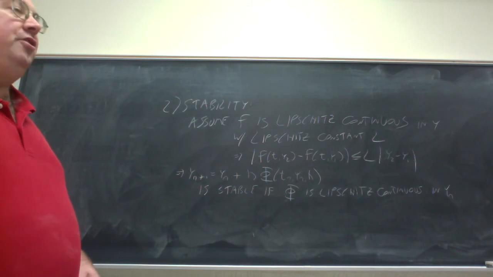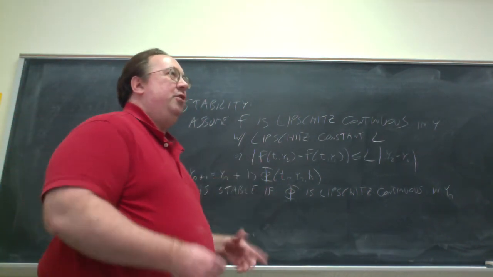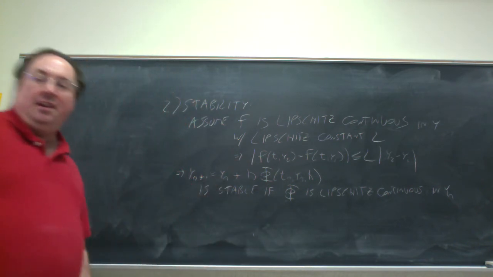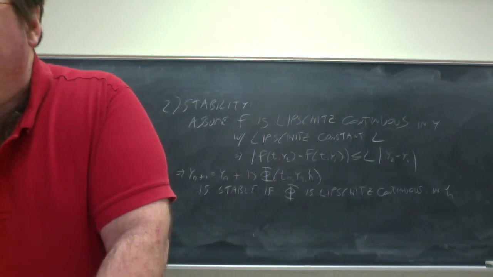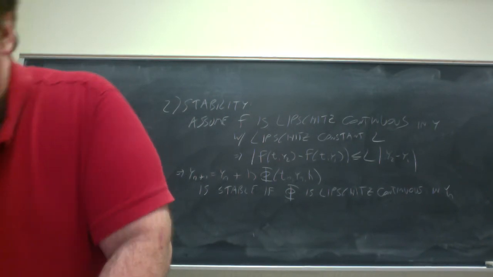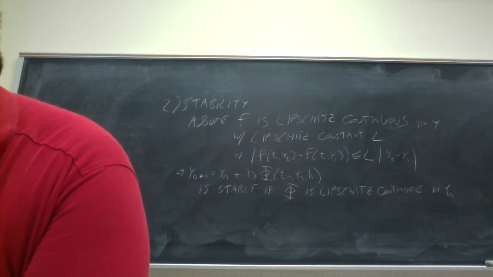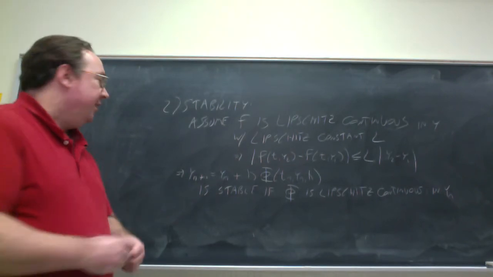Now, in the case of, for instance, Euler's method, phi is equal to f, so it's automatically stable. It just inherits the Lipschitz constant of f. But for other one-step methods, there's a bit more work to do. So I'll give you an example of showing stability for another one-step method. Where'd it go? Okay. Well, again, we'll use the midpoint method.